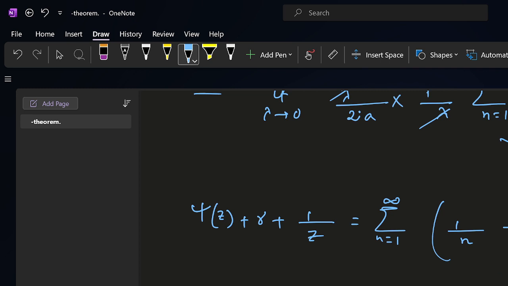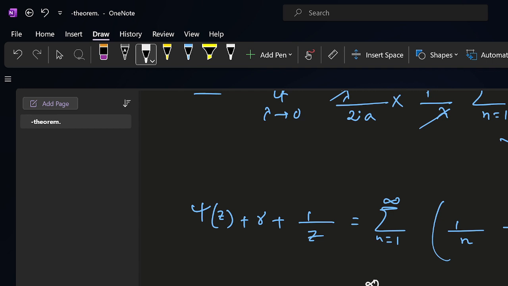Now here, to compare, if you look at here, you will see the digamma function's z here is nothing but plus ia by lambda in this term and minus ia by lambda in the second term. So if you take z equal to plus ia by lambda, then you end up with the summation n equal to 1 to infinity of 1 by n minus 1 by n plus ia by lambda.